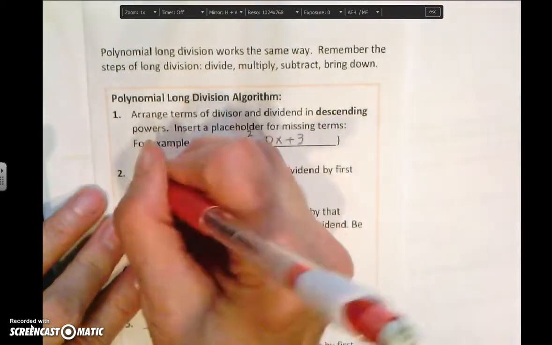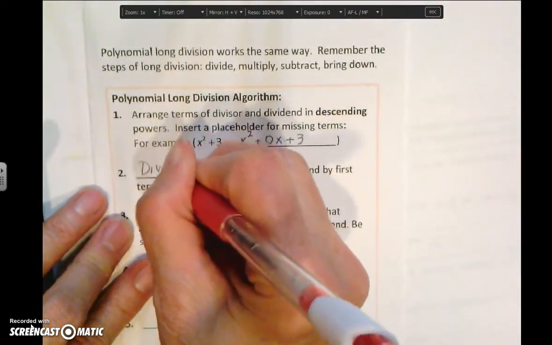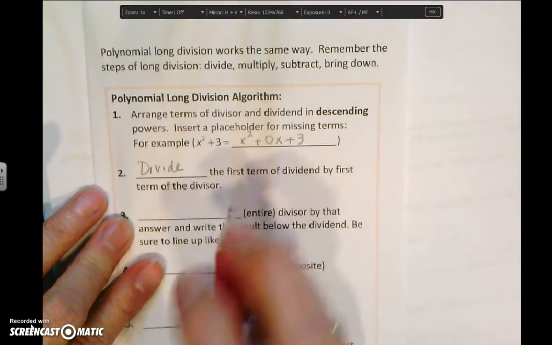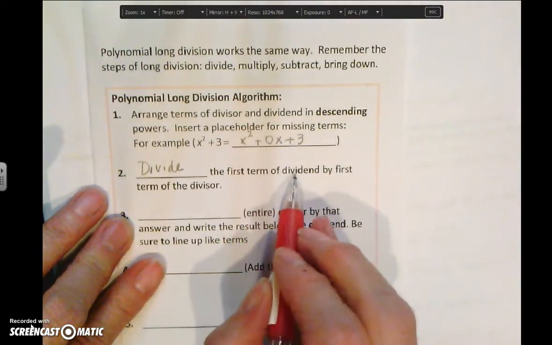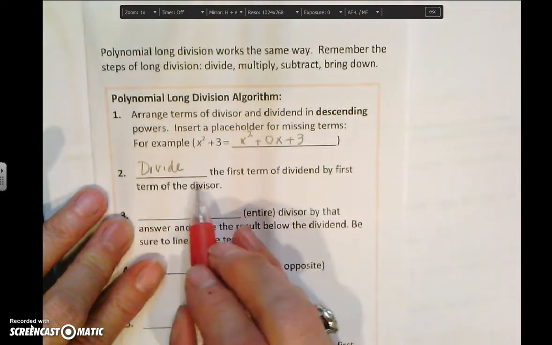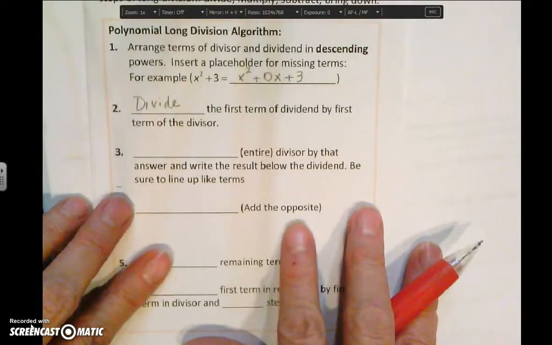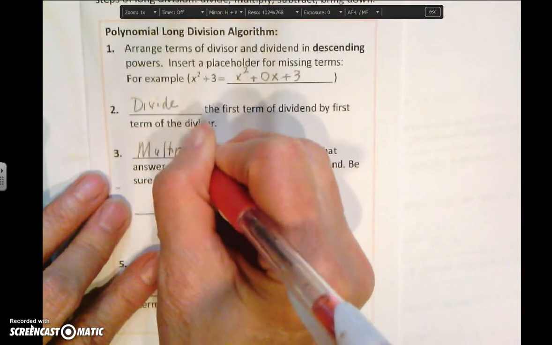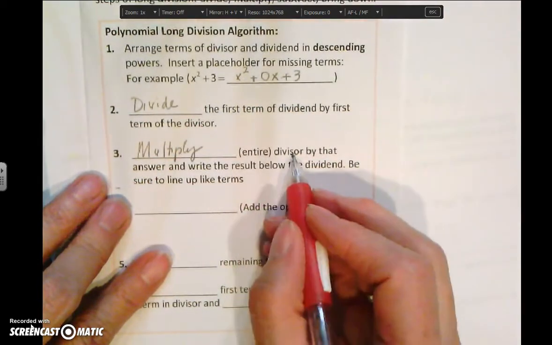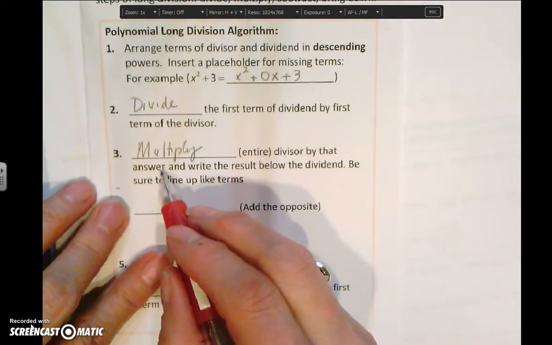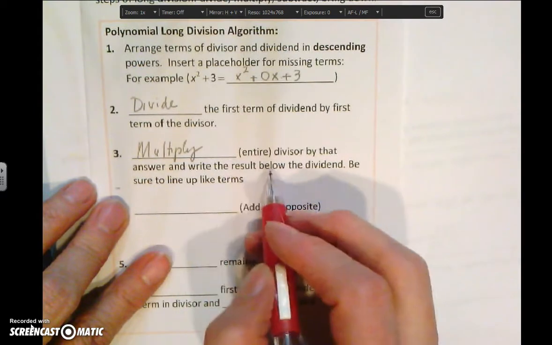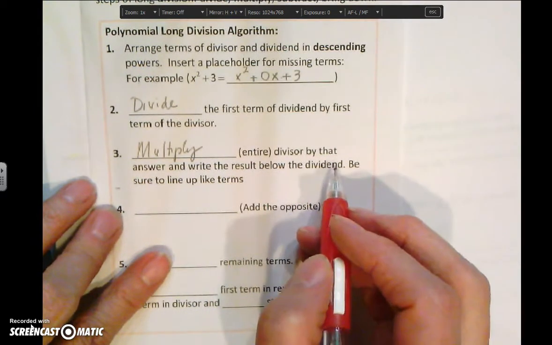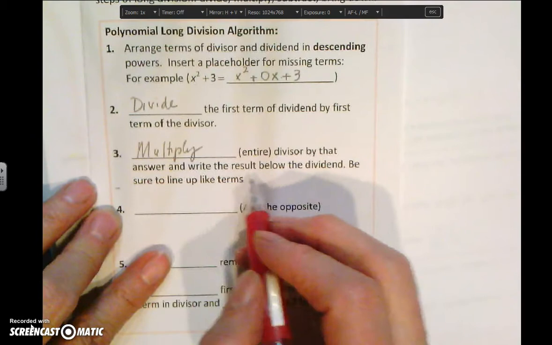Then we will divide, and this is like the estimate step, the first term of the dividend by the first term of the divisor. We'll follow up by multiplying, so I'll multiply the entire divisor by that answer, and you'll write the result below the dividend, and be sure to line up the like terms.